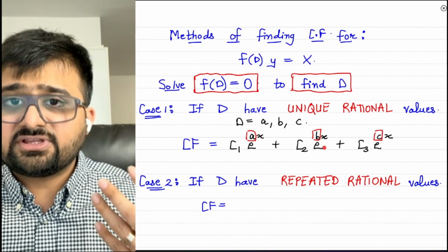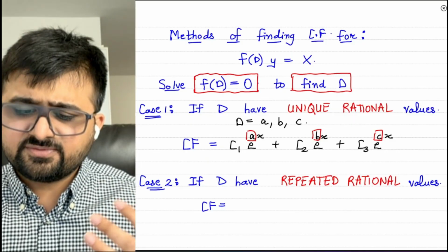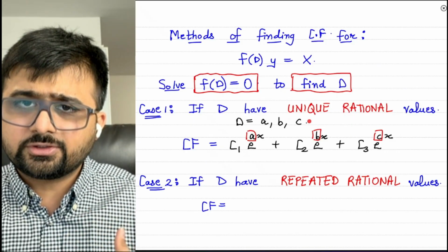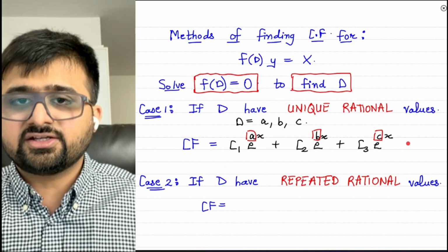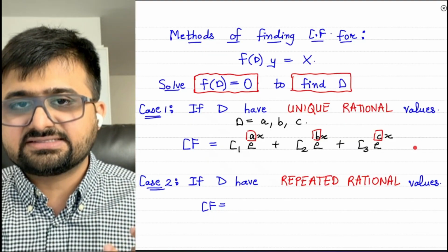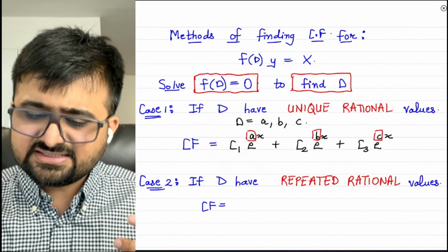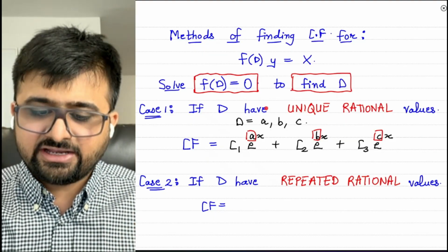Why do I have three arbitrary constants and three terms? Because I found three roots. If there was a fourth root d, I would just add another term C4 e^(dx), and so on. So this is the situation when there are unique rational values of D.